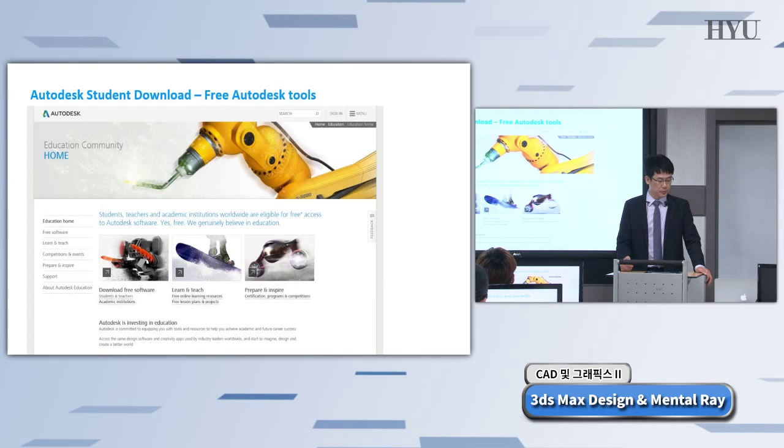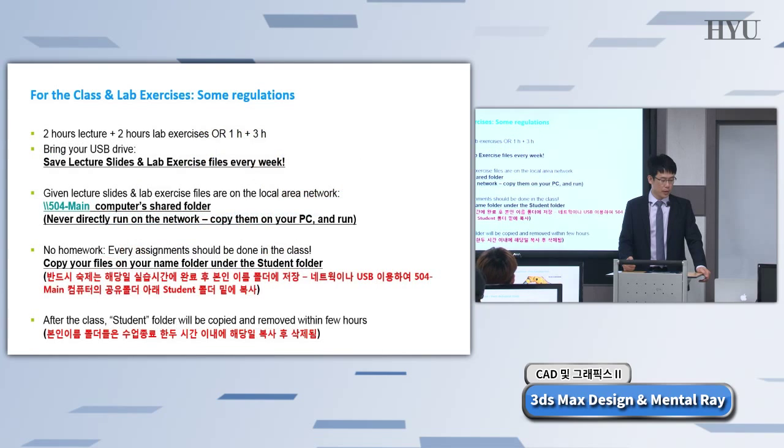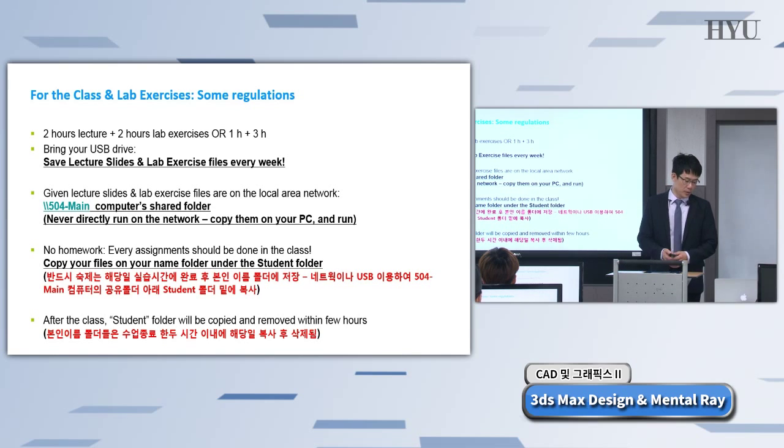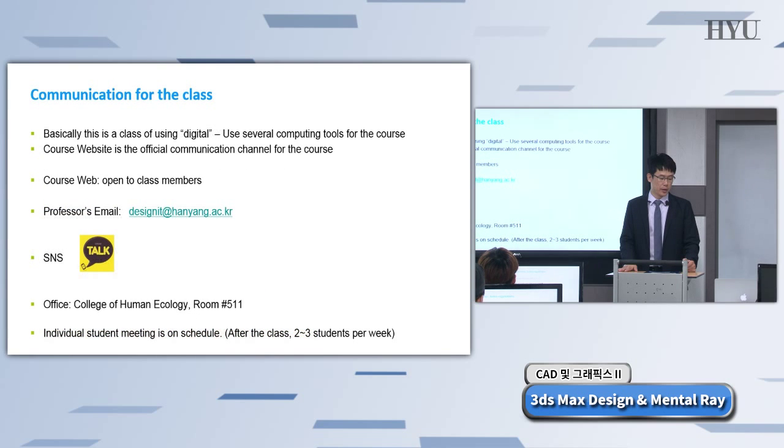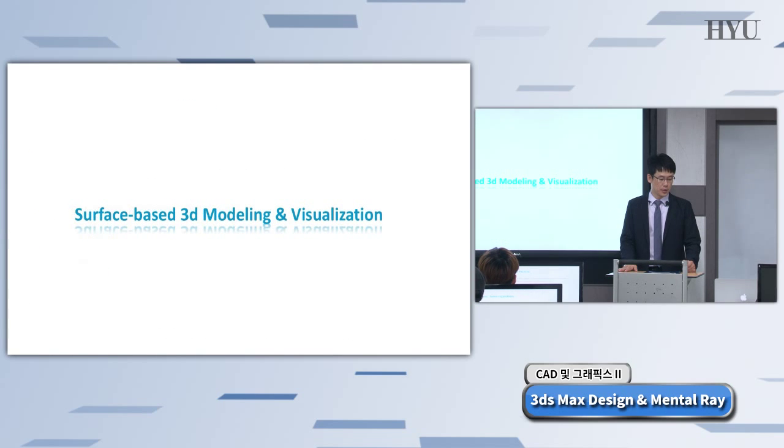This is the student download website, as you know. If you are not that good at using this website, please sign in to the website, okay? Some more regulations. I believe anyone in this room has no problem with these things, okay? Also, communication for the course.